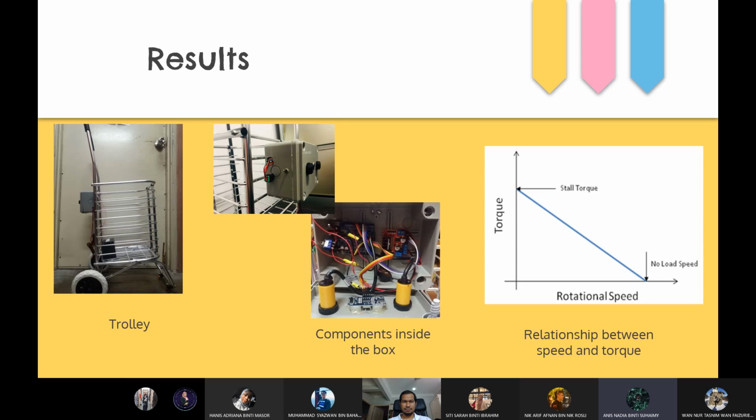This is important because speed and torque are important. They are an important part in selecting and operating the DC motor. The higher the load, the higher the torque, so the speed will decrease.